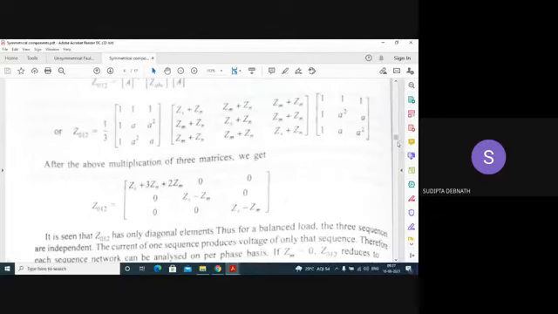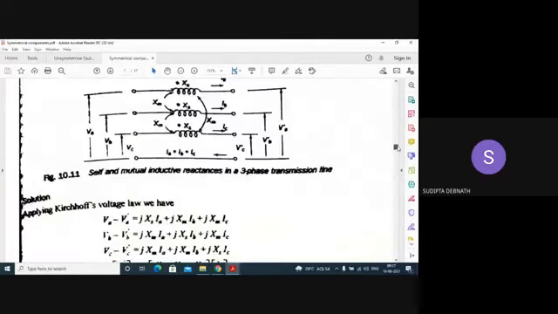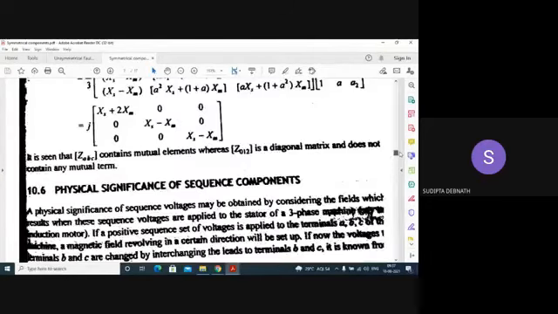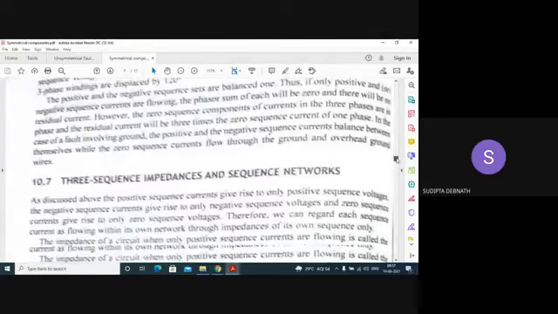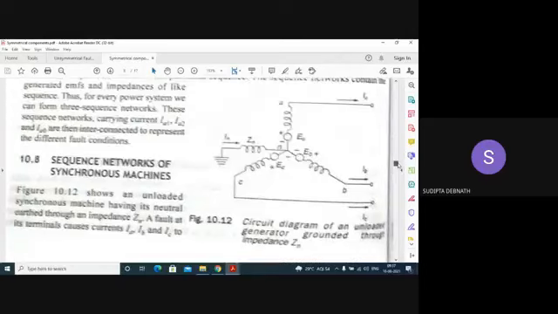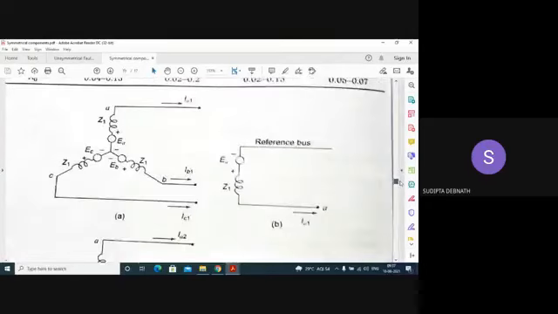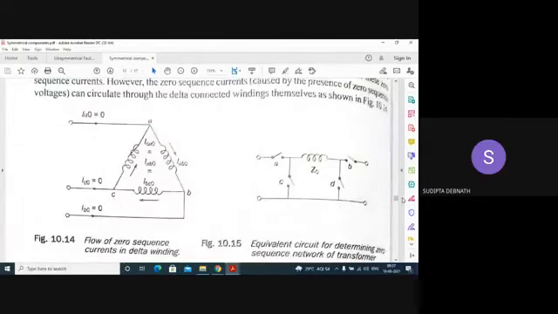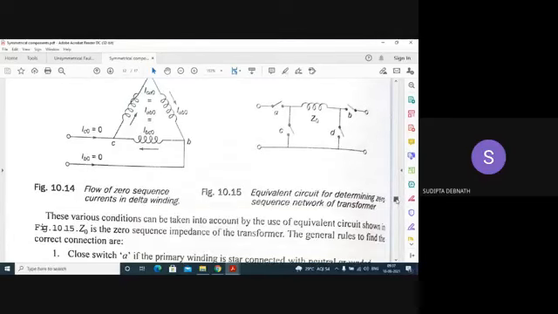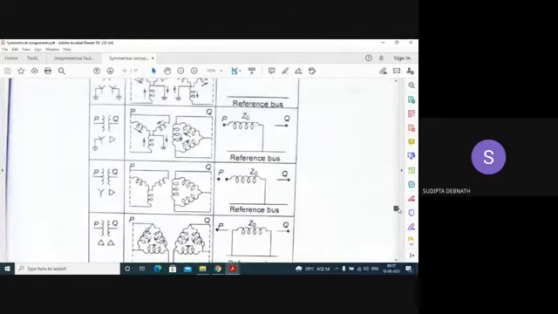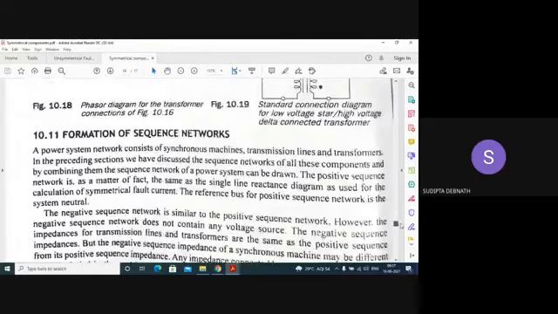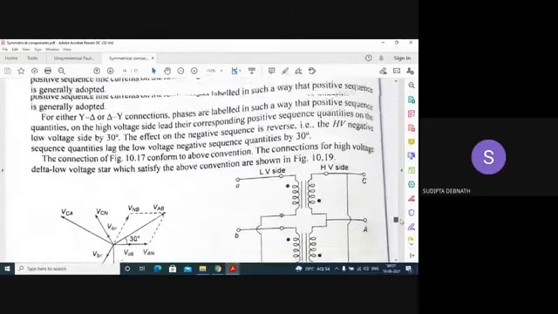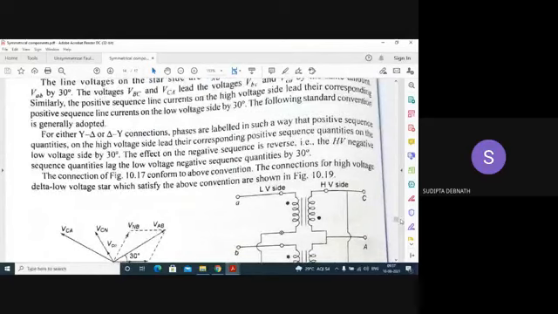Then we saw how the positive, negative, and zero sequence networks are represented, especially for synchronous machines and transformers, whether delta connected, star connected with neutral isolated, or neutral grounded. We also discussed the phase shift in a star-delta transformer.